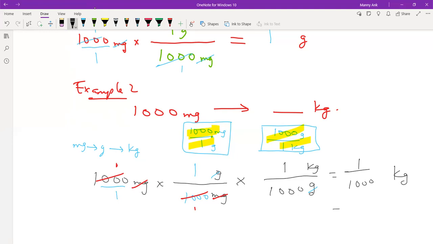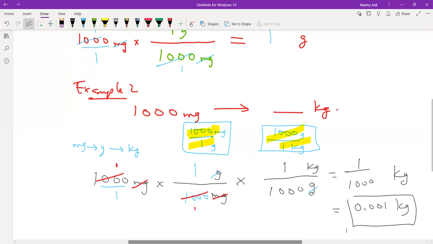If you're dividing by 1,000, move the decimal point three places to the left, so that means 0.001 kilograms. So that's your answer. The dimensional analysis approach is very easy to use, and it helps minimize errors.